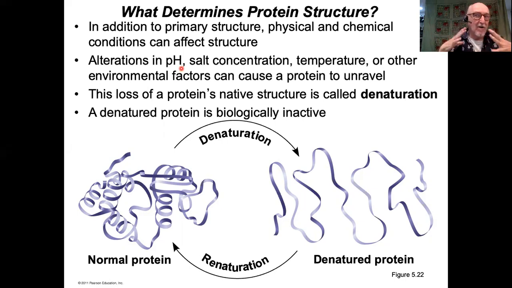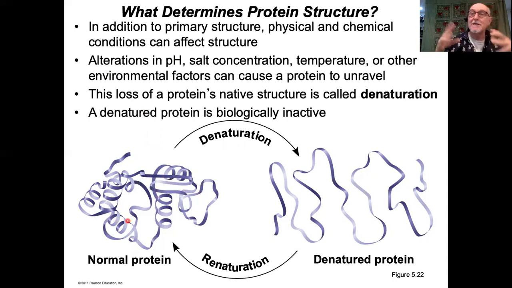If I radically alter the environment, if I have a protein and I radically change its environment, say I change the pH, or I radically change the temperature and things like this, I will affect the actual physical structure of the protein, because I'm going to start interfering with the bonding that establishes secondary, tertiary, and quaternary structure.